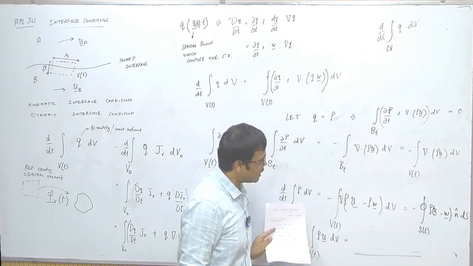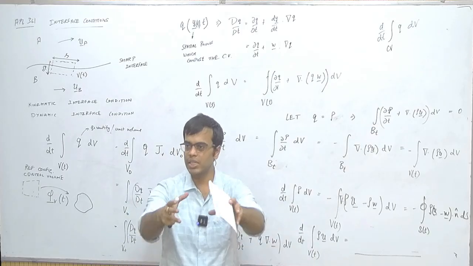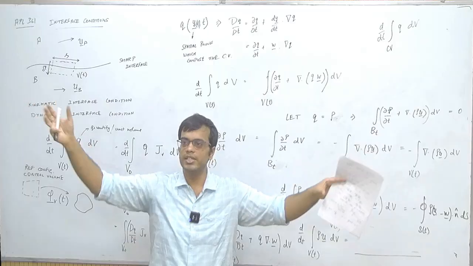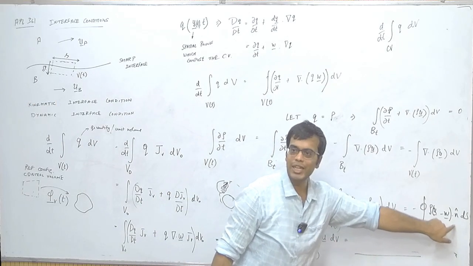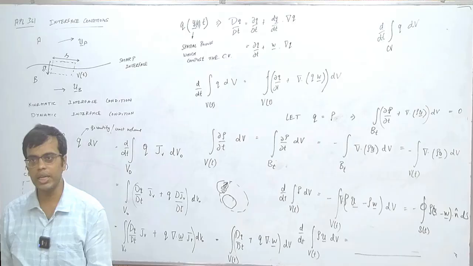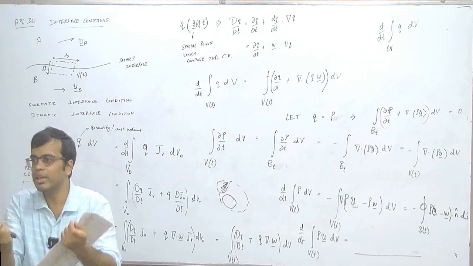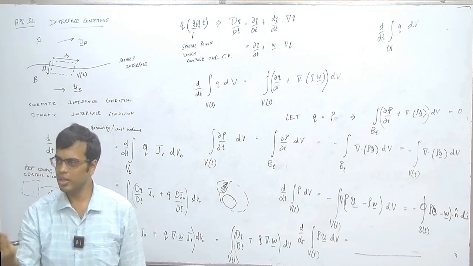So you get that intuitive answer: the rate of increase of mass in a spherical control volume that is increasing is equal to rho times dr by dt times ds, which is what you will write very intuitively also. You will take a spherical element, say its radius is r, surface area is s, and do the same things.